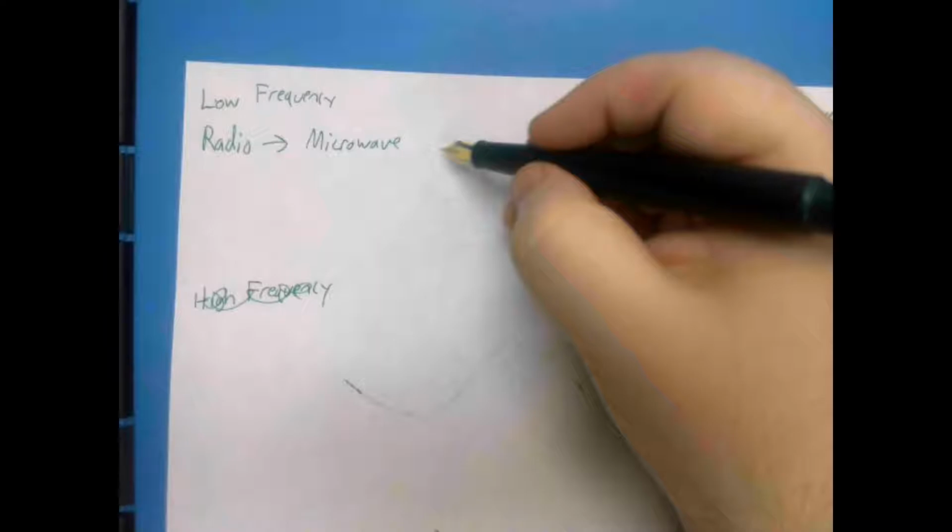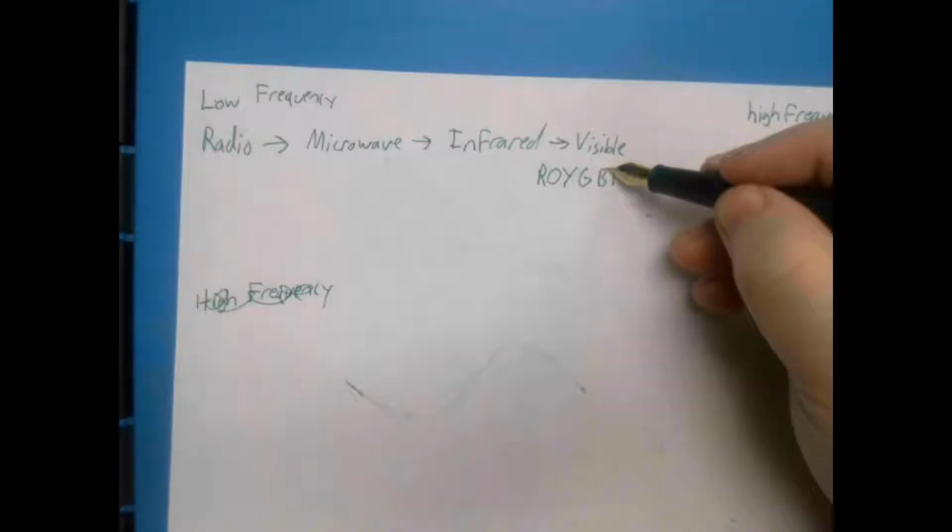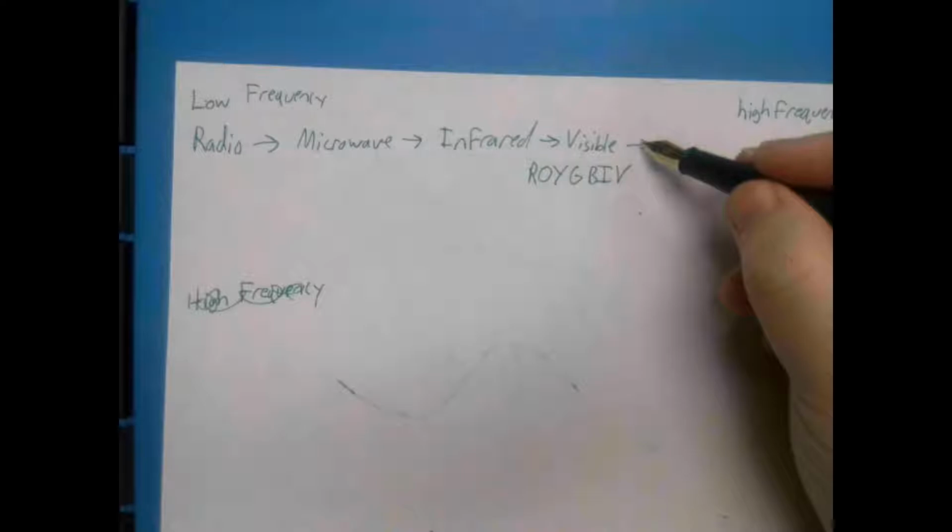Then we have visible. Visible can be broken up into red, orange, yellow, green, blue, indigo, violet. Next to violet is ultraviolet, then X-ray, then gamma.